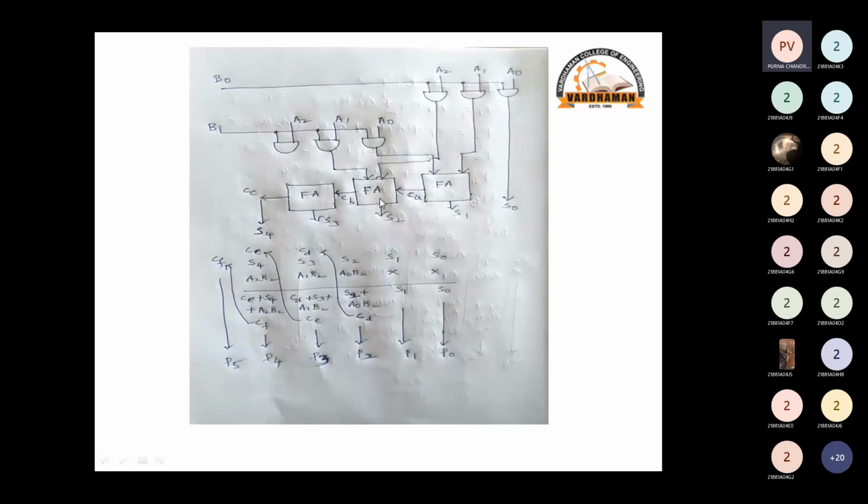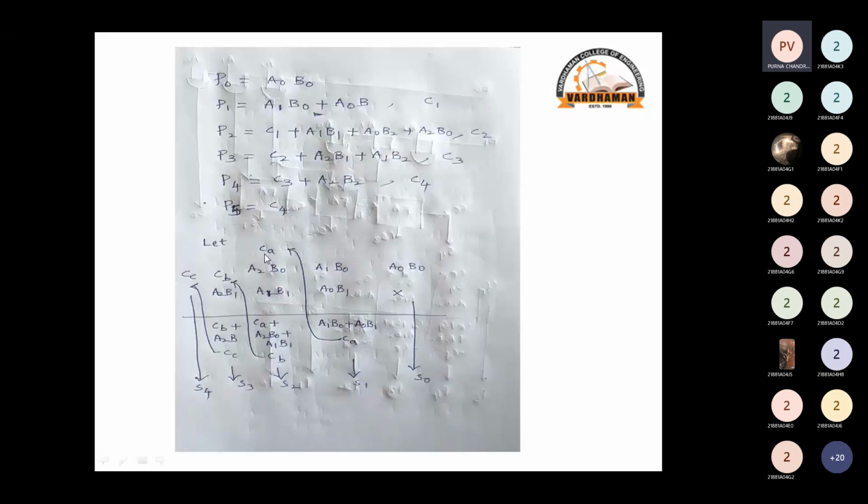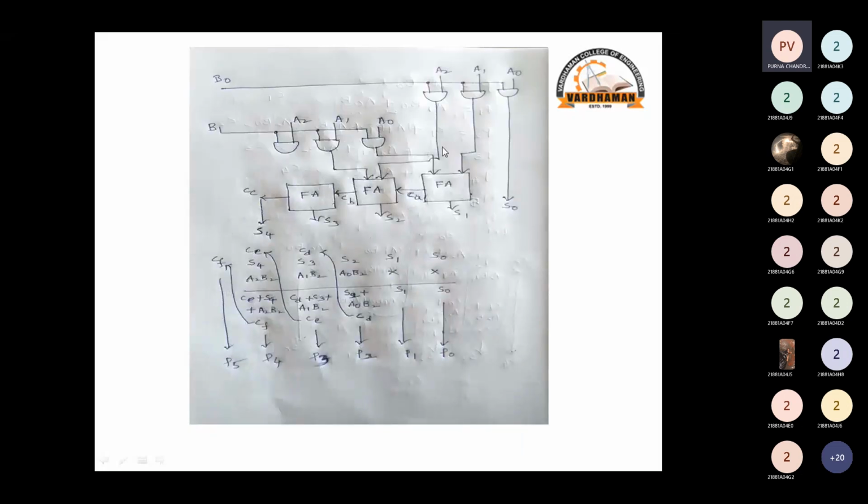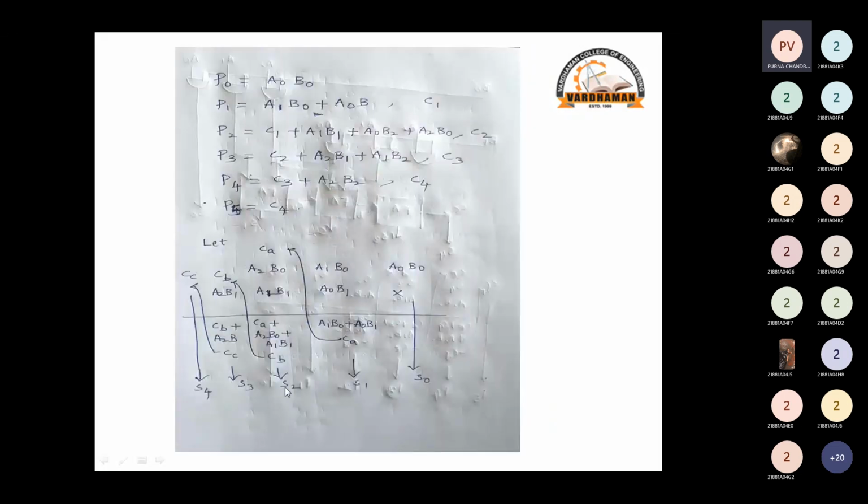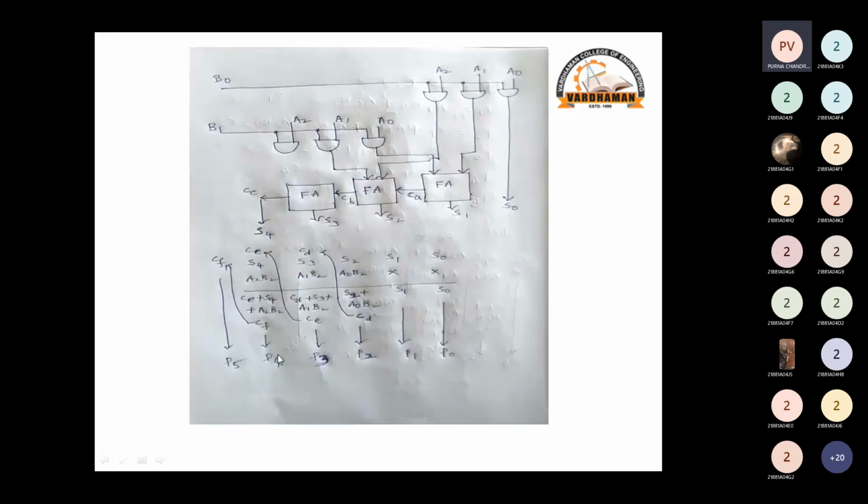For the second full adder, the inputs are CA, A2 B0, and A1 B1. These are the three inputs. The outputs are S2 and CB: sum output is S2 and carry output is CB.